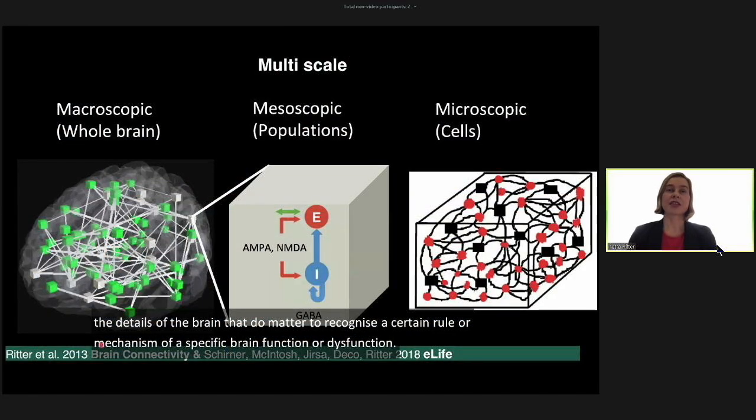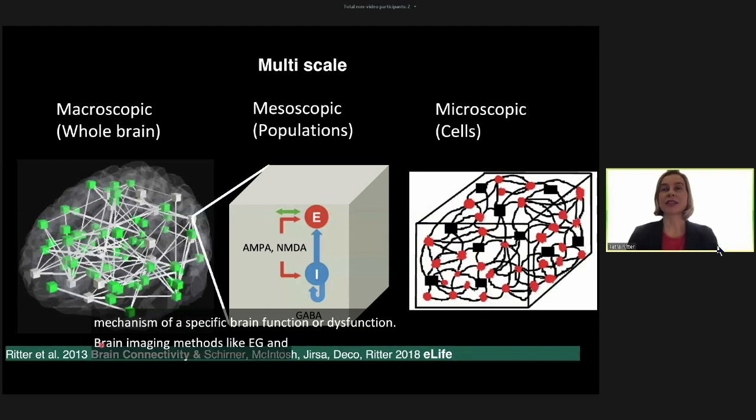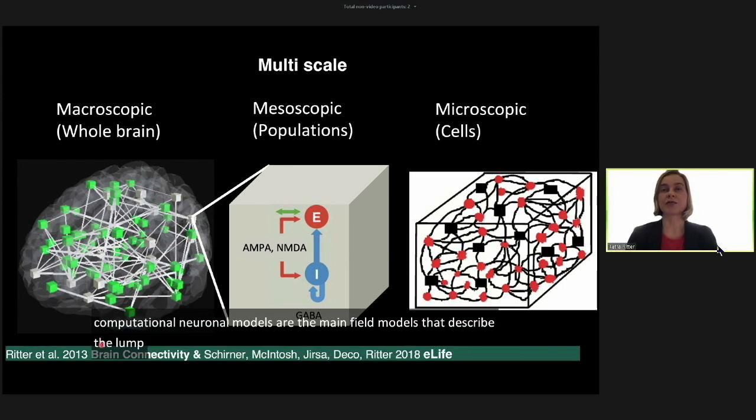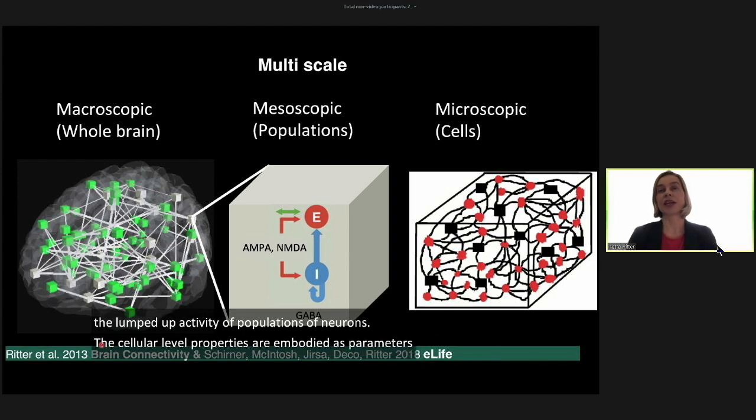Brain imaging methods like EEG and fMRI record the summed up activity of large numbers of neurons. At this scale, the most appropriate computational neuronal models are the mean field models that describe the lumped up activity of populations of neurons. The cellular level properties are embodied as parameters that average over the population.